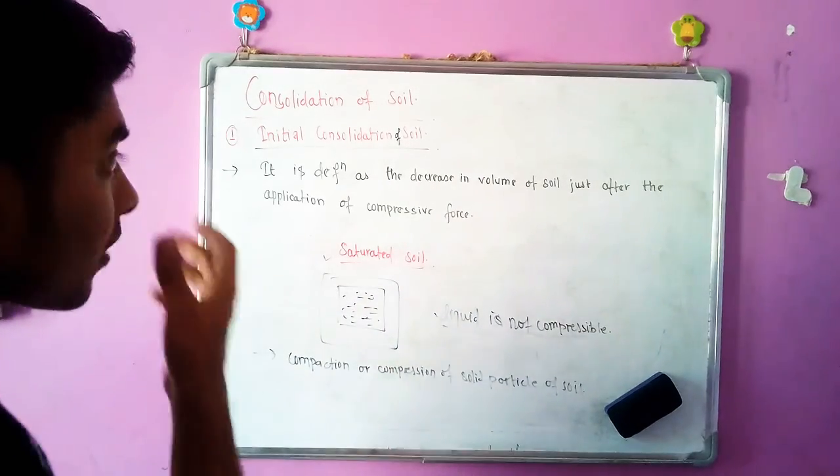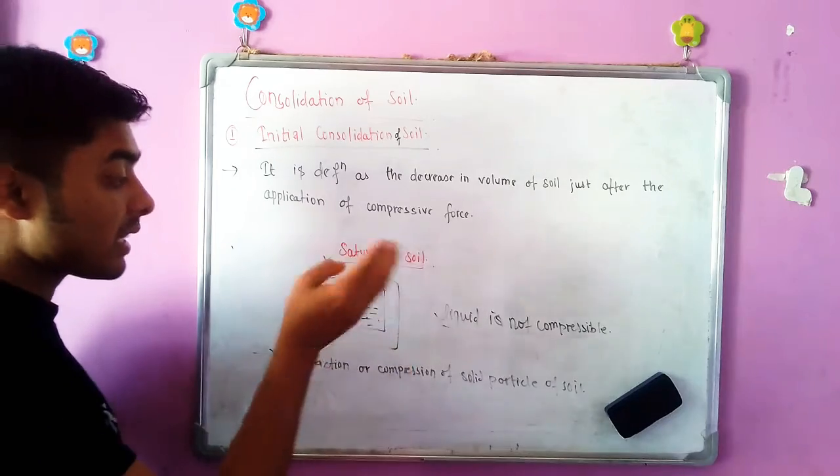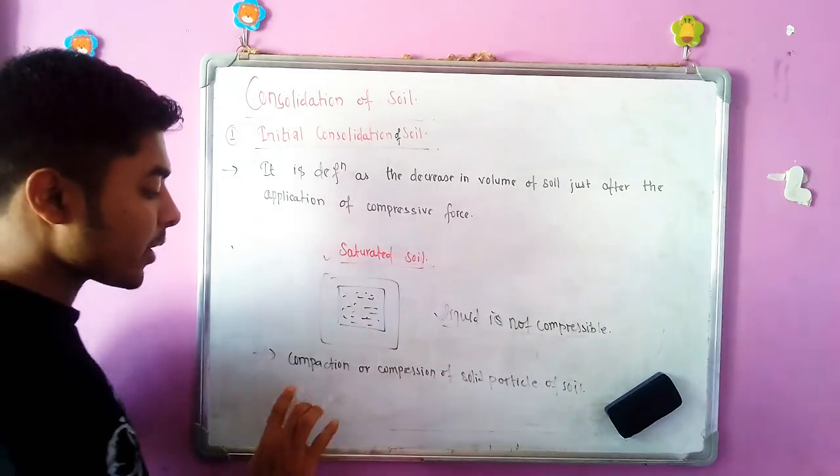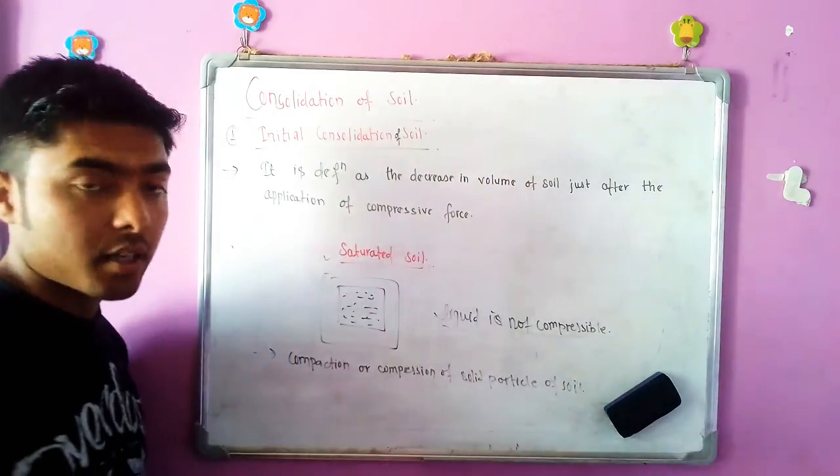So if the soil is saturated, the decrease in volume is only because of compaction or compression of solid particles of the soil.